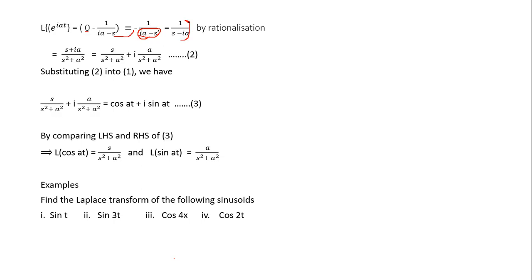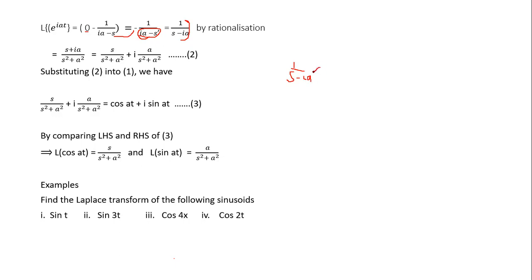So when you do that, you are going to get s plus ia over, now let me do it again for you. So we have 1 over s minus ia.